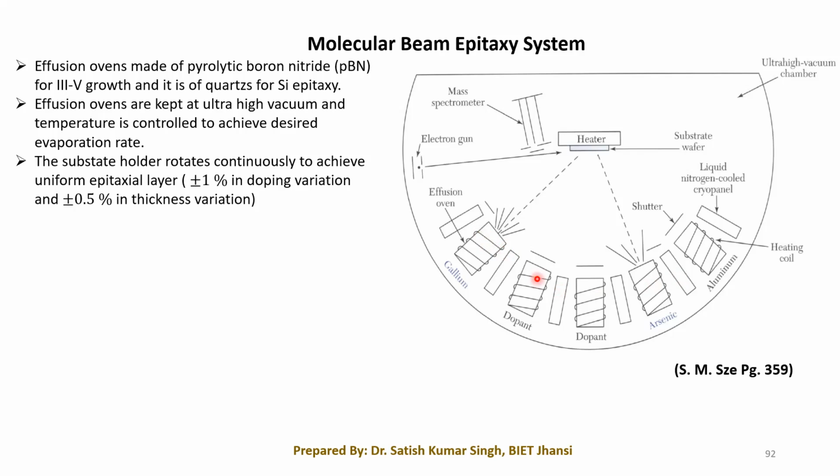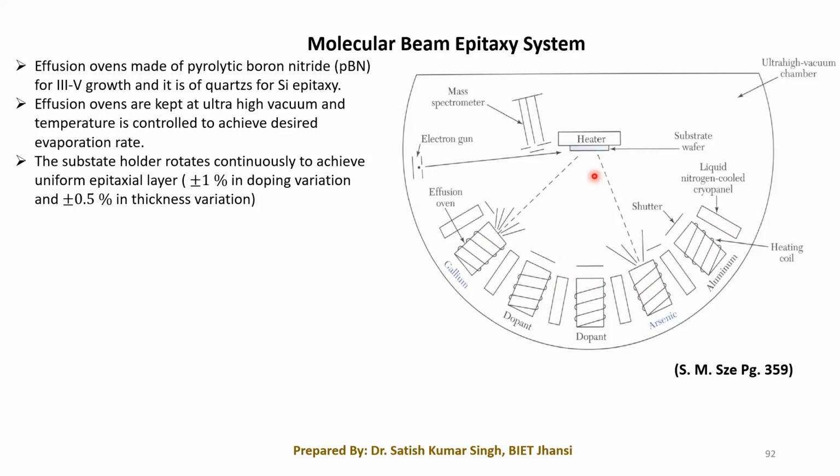So we can place a large number of materials in these particular effusion cells, and then they can be heated up to a particular temperature to evaporate the materials. Fine. So this way we perform our molecular beam epitaxy.